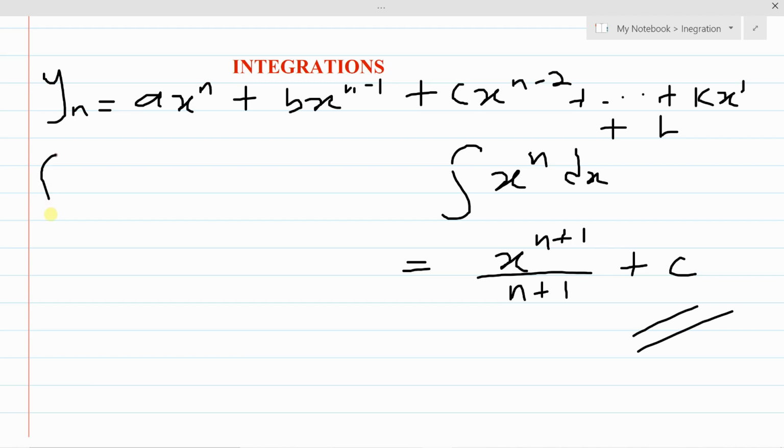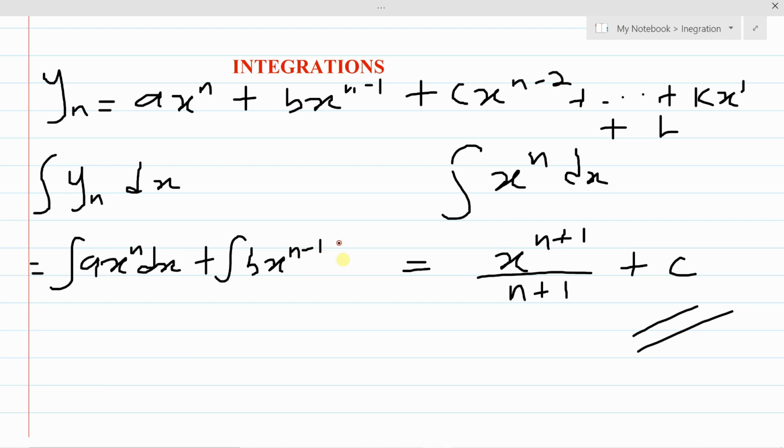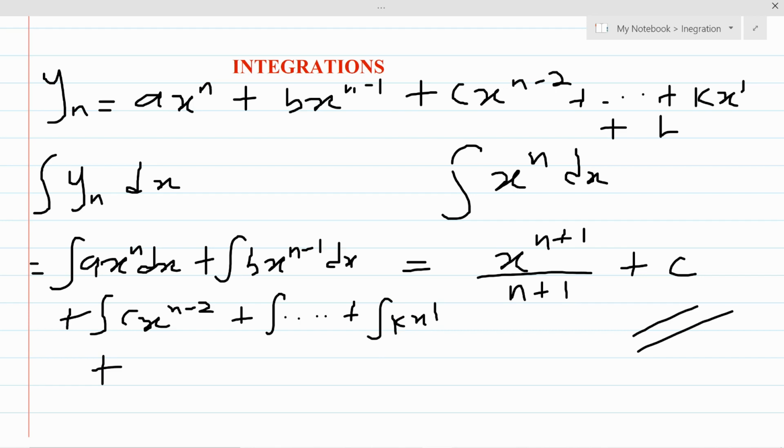The integral of yn is equal to integrating every term: the integral of ax to the power n dx plus the integral of bx to the power n minus 1 dx plus the integral of cx to the power n minus 2 dx plus dot dot dot plus the integral of kx to the power 1 dx plus the integral of l dx.